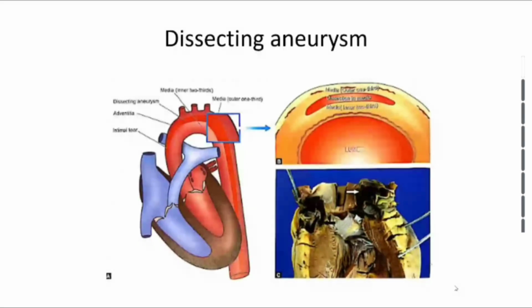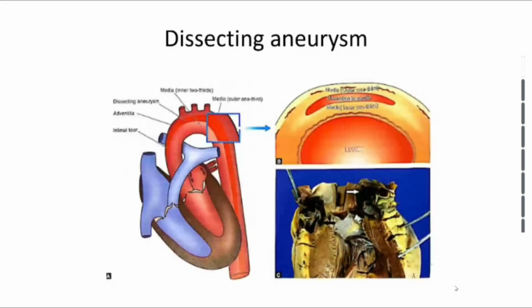You can see the adventitia. So there'll be that division, with around two-thirds of the more internal part of the tunica media, and the upper part will mostly be just a part of tunica media and tunica adventitia. And then you can see the dissection can go through the entire aorta.